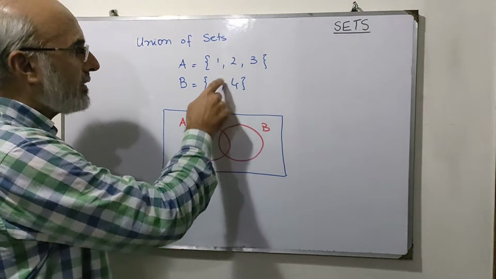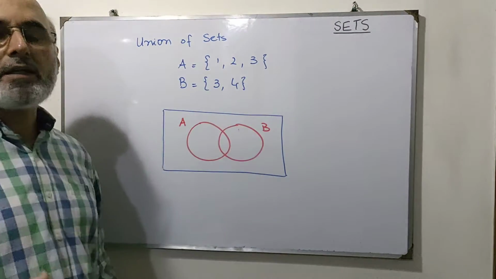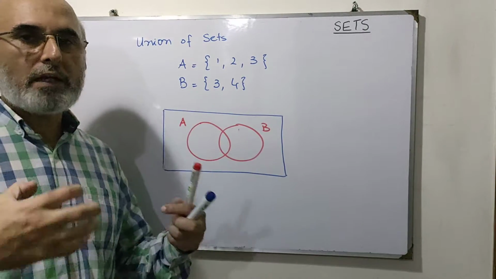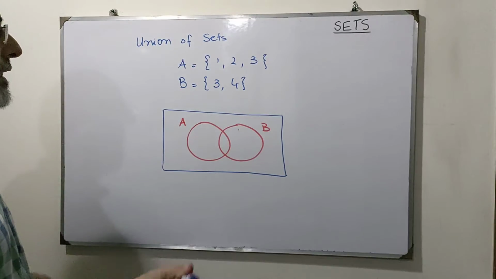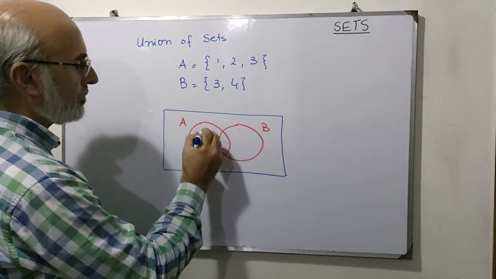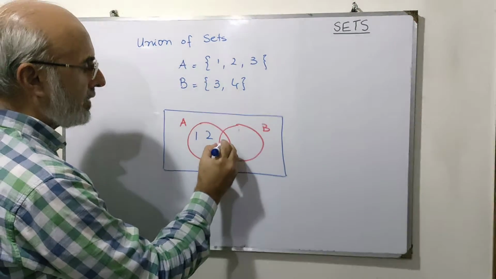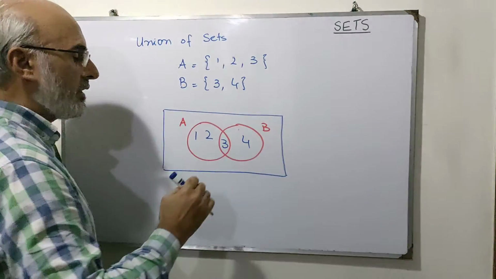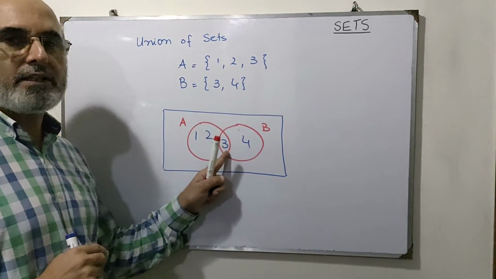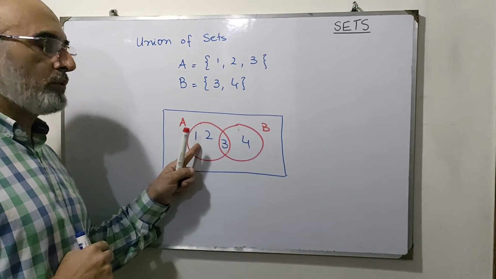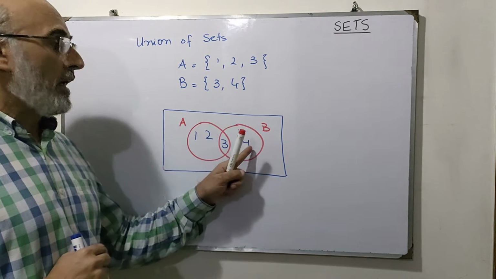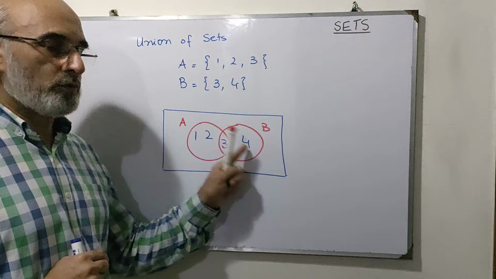Because I can see there is an element which is common to both the sets. Now let's place those elements: 1, 2, 3 and 4. You see, the 3 is common to both, so I'll place it here, and 1 and 2 are placed here, which belong to A, and 4 belongs to B, so it is placed over here.